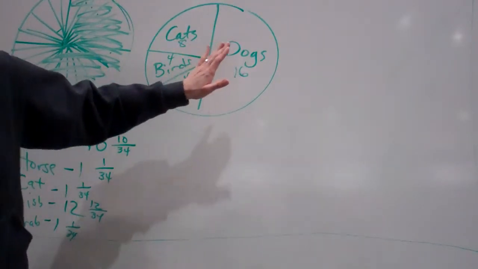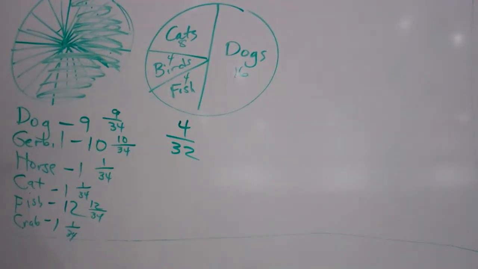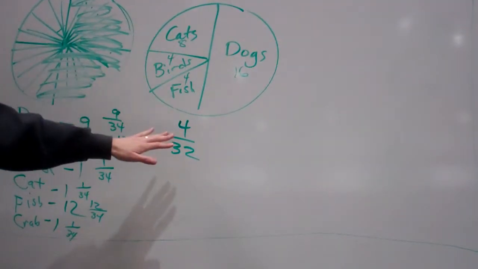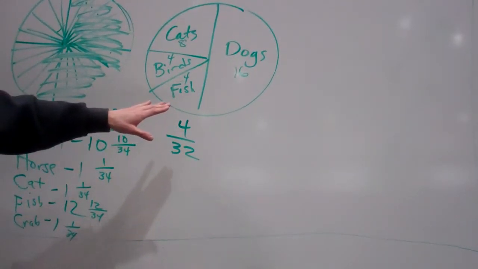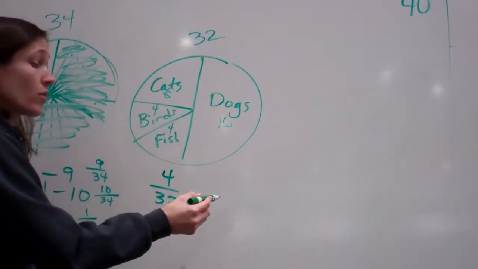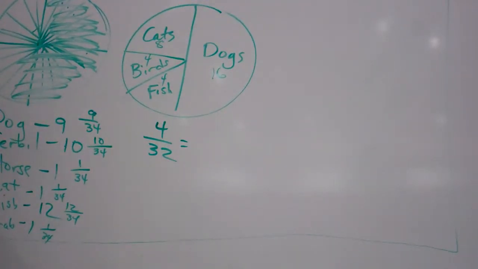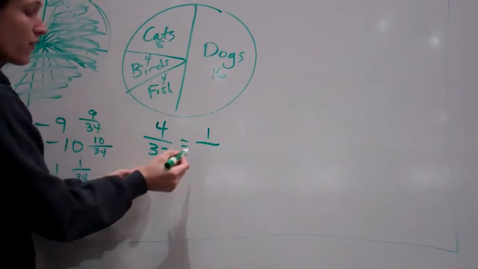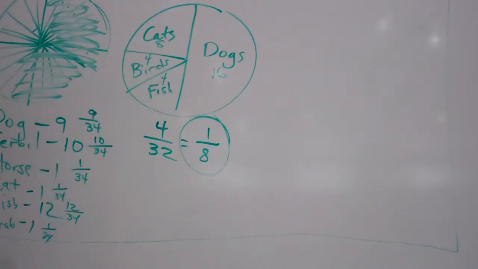Do I leave it like this? No. What do I do? Reduce. You would reduce it by 2. You could actually reduce it by 4 to make it quicker. So 4 will go into 4 one time, 4 will go into 32 8 times. So 1 in every 8 pets on this graph is a bird.